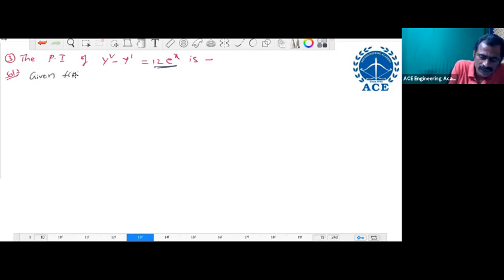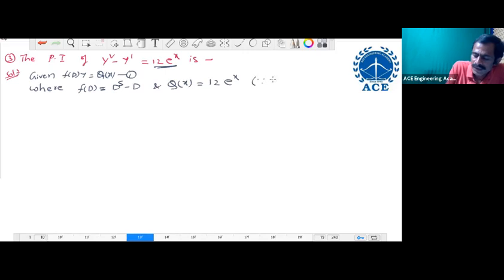Given f of D y equal to Q of x, where f of D equal to, because of the fifth derivative, we write D power 5, next term is D power 1, and Q of x equal to 12 into e power x. Since it is in the form of k into e power ax plus b, a equal to 1.